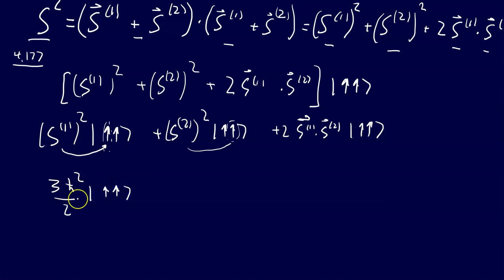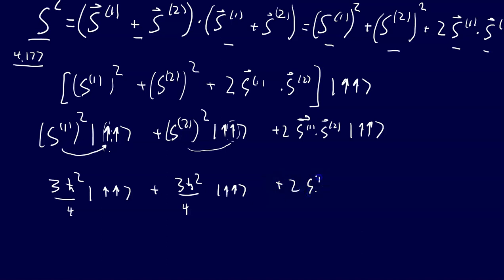So you get 3 h bar squared over 4. This one's the same thing, it's just working on the second particle, so 3 h bar squared, and of course this is over 4, beg your pardon. Again, times the spin up and the spin up.